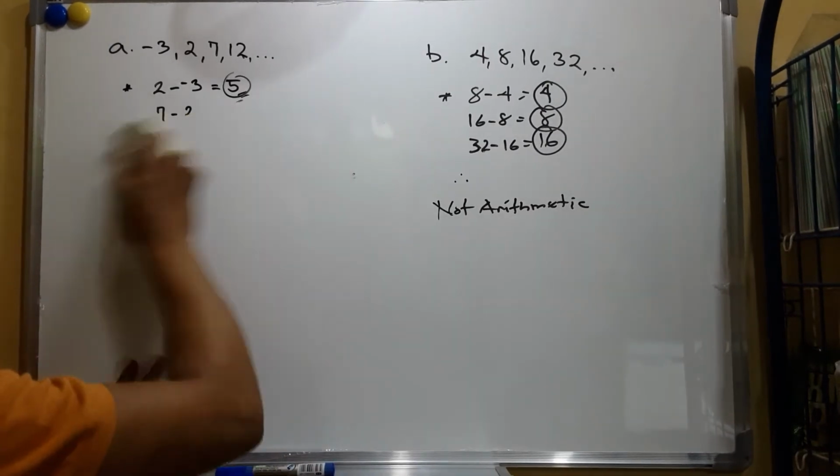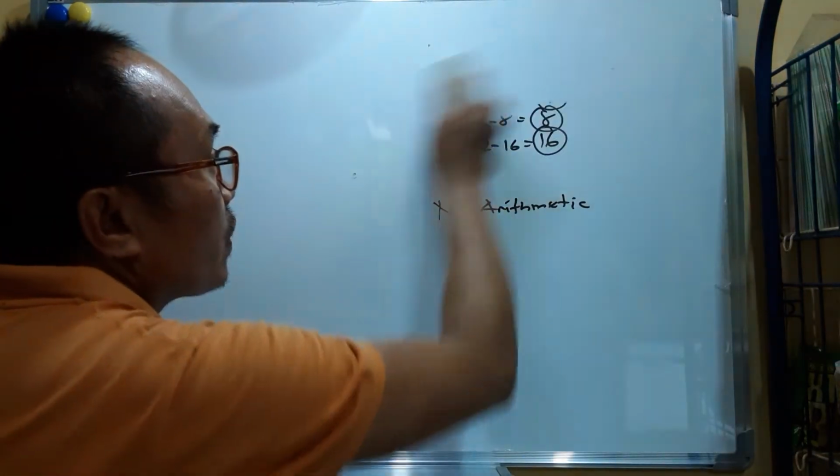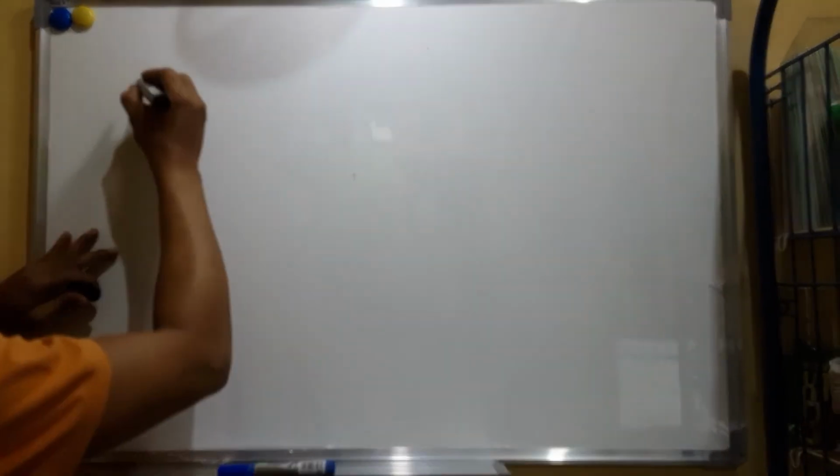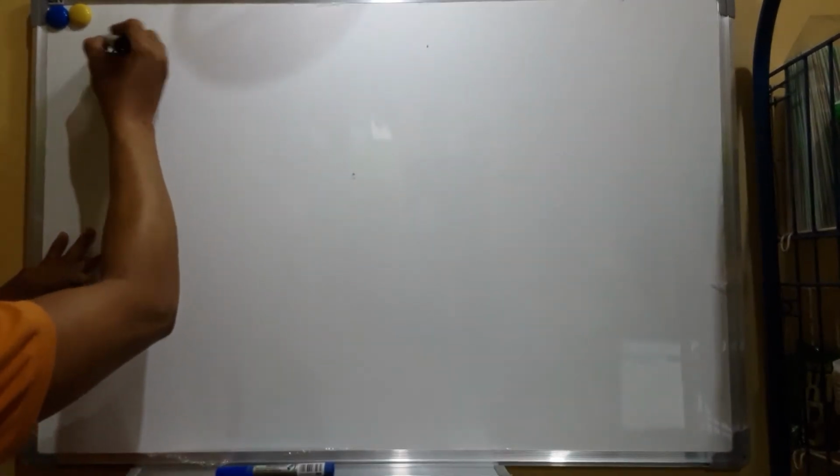After finding the common difference, I think we are now ready to find the end term of an arithmetic sequence. For example, sample number 1.